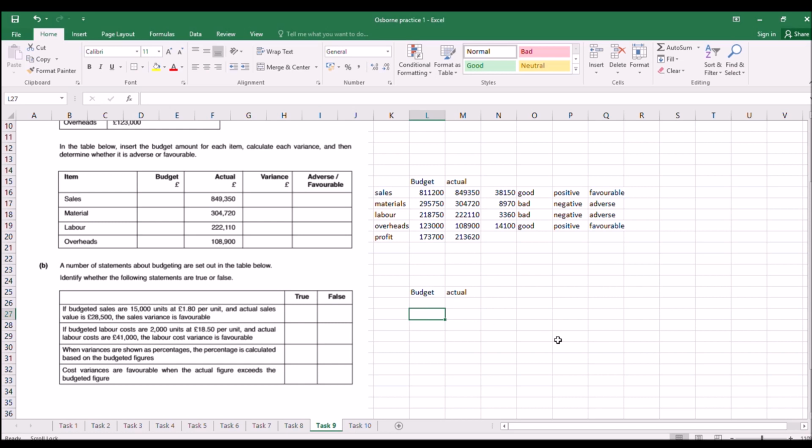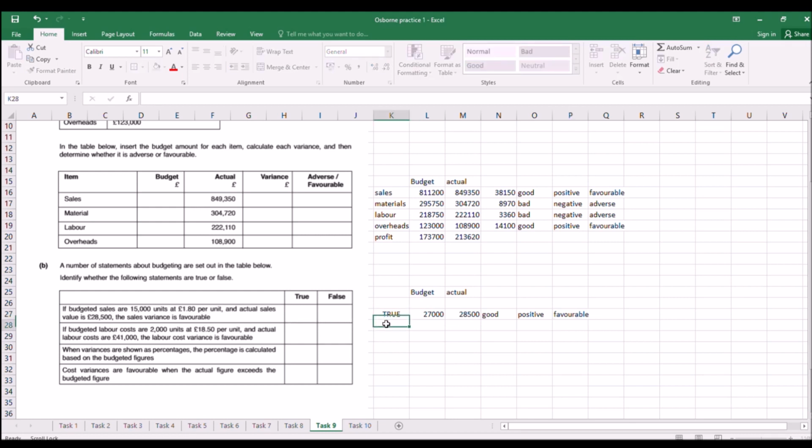Budgeted figures 15,000 times 1.8, and the actual sales are 28,500. So we sold more than we hoped. That's positive, and in AAT speak, favourable. Sales variance is favourable. Yay, true.